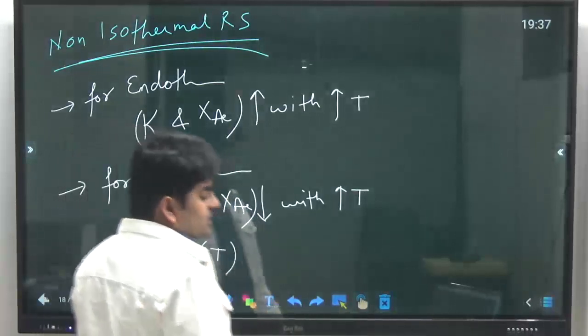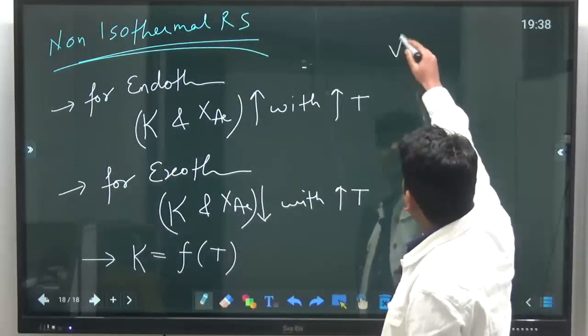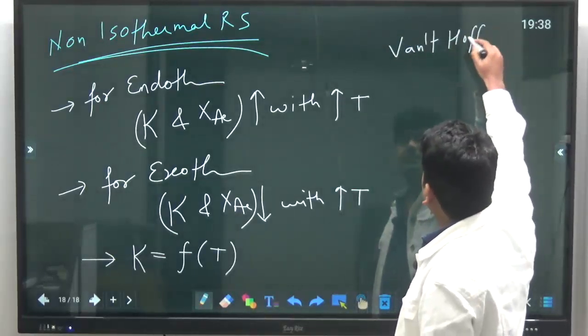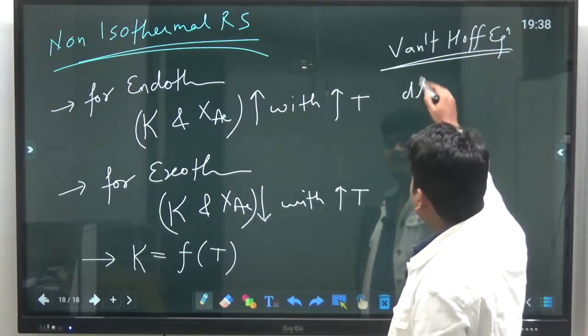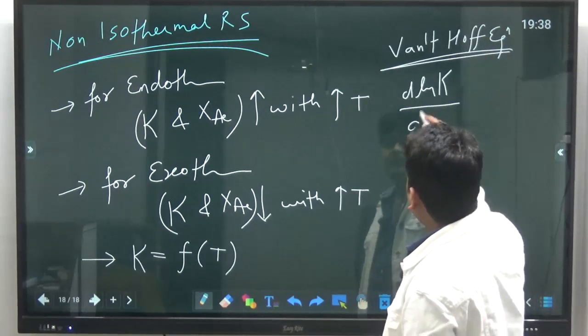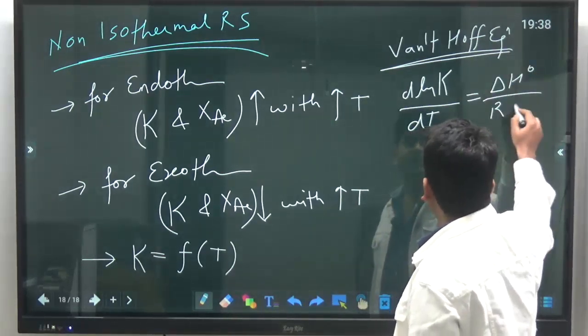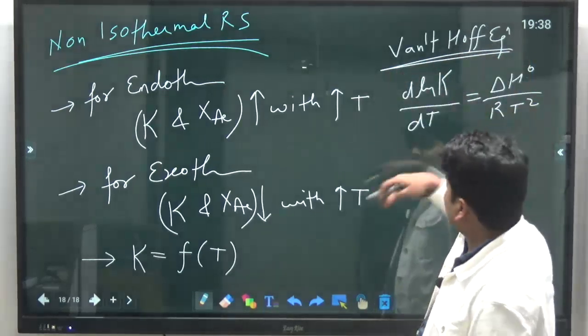Okay, and if I talk about their relation, so from Van 't Hoff relation, basically we discuss the effect of temperature on equilibrium constant in solution thermo. That is called Van 't Hoff equation. That is d ln K over dT is equal to delta H naught over RT square, where delta H naught is the standard heat of reaction.